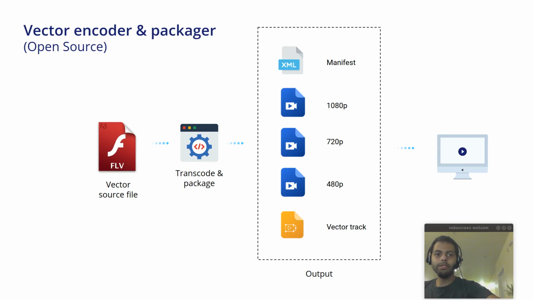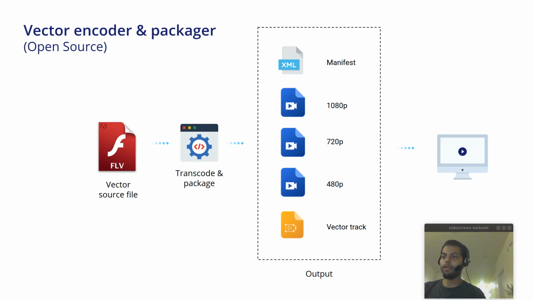Going on that note, one of the open source projects that we are working on is an encoder and packager to do just that. So if you have vector source files like Flash files or Lottie files, we're working on a transcoder that will then take those files, package them into an MP4 container and package that as a vector track within Dash or HLS.